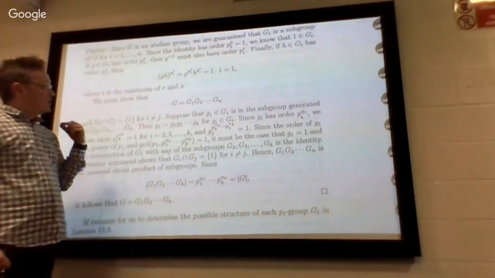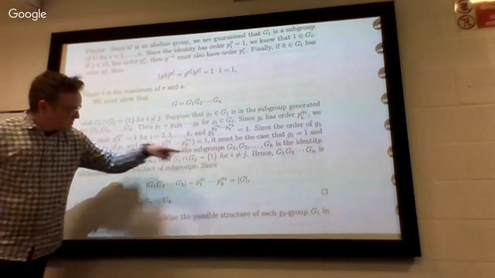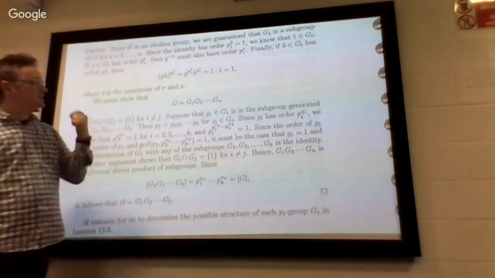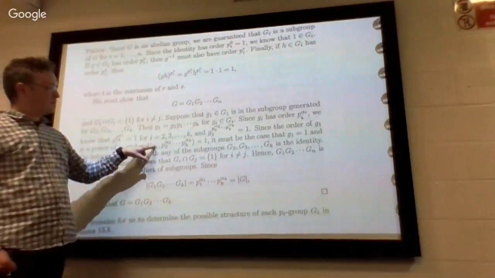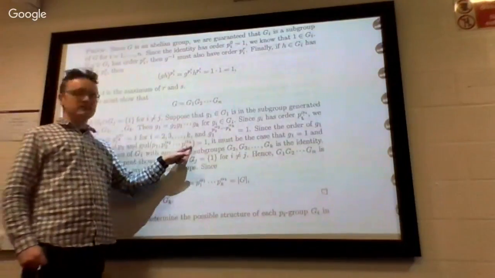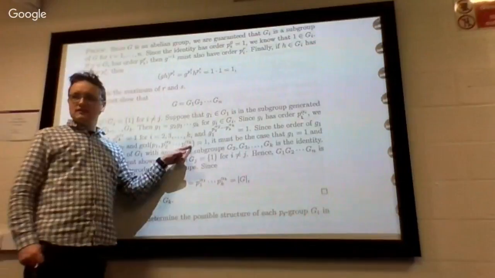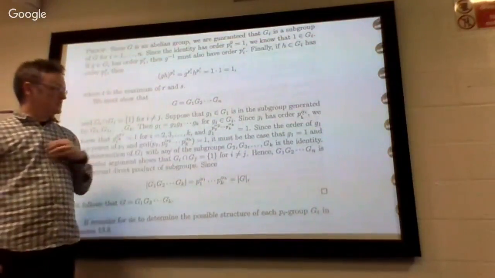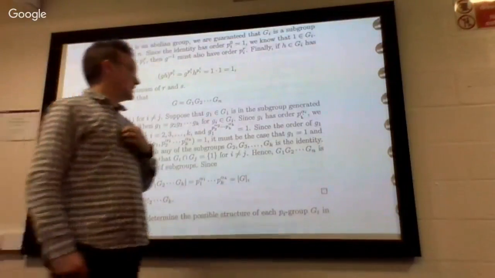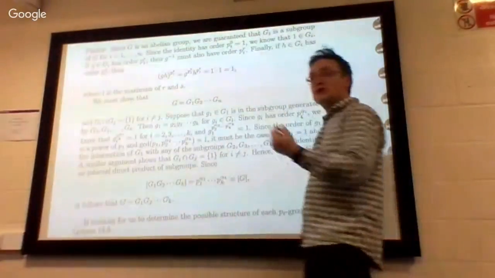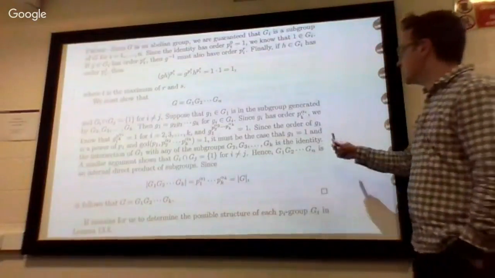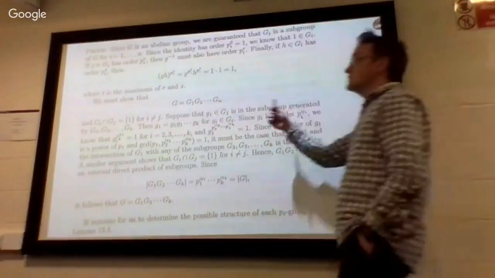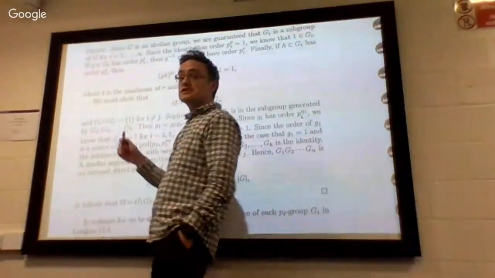But we already know that all of these pi are distinct prime numbers. So how can it be that g1 has order some power of p1 and also a divisor of this product of p2 through to pk? These are coprime to one another because they're distinct primes. So it must be the case that g1 has order 1, so that g1 is the identity element. Which is what we want to show, because we want to show that all these groups have trivial intersection.